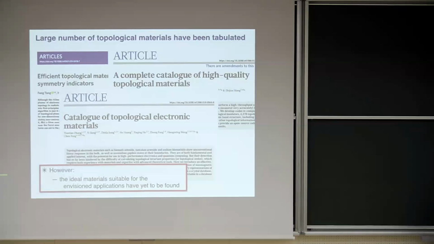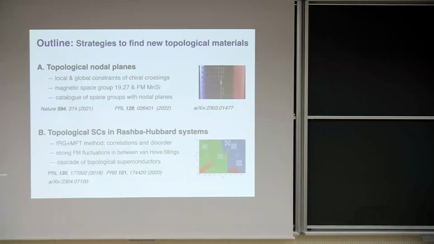With this, I want to motivate my talk and present two new strategies to find topological materials, and these strategies will, at least to some extent, overcome some of the difficulties that we have been facing so far. This leads me to the outline of my talk. Basically I have two parts.